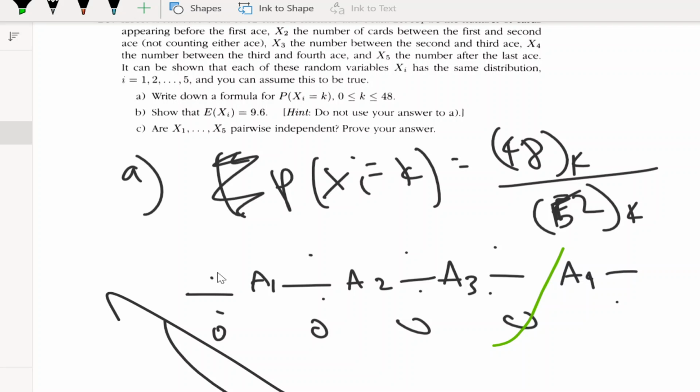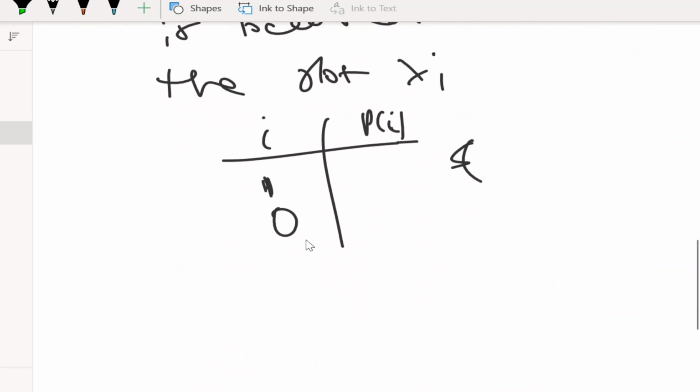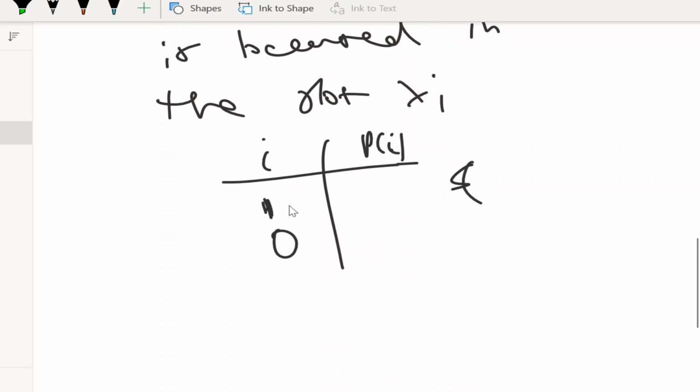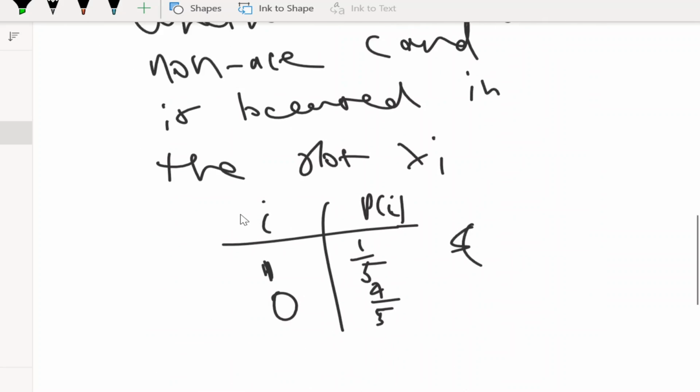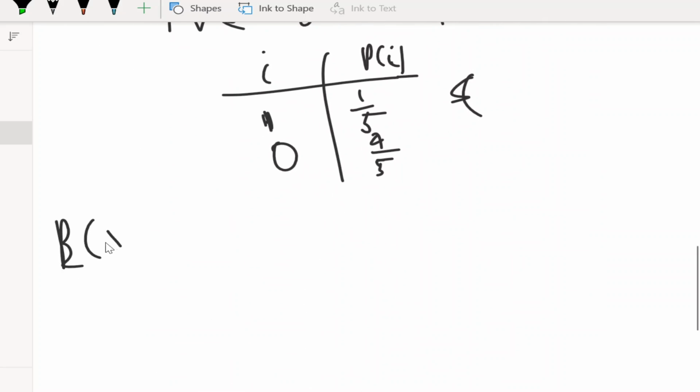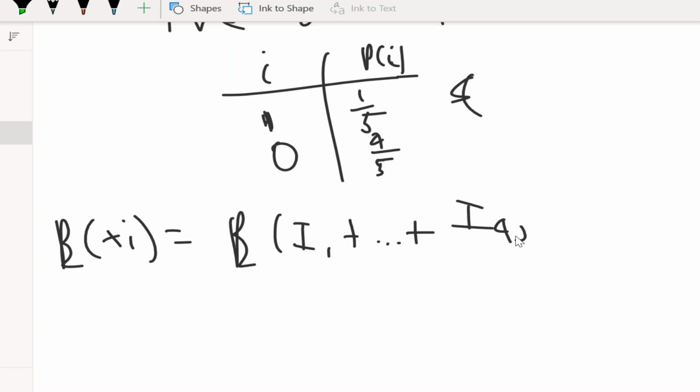With 5 total slots, there's a 1/5 chance of landing in that specific slot. So the probability of our non-ace card being in slot xi is 1/5, and 0 will be 4/5, but that doesn't matter for our calculations. Now we can do E of xi is equal to E of I1 plus dot dot dot all the way up to I48.